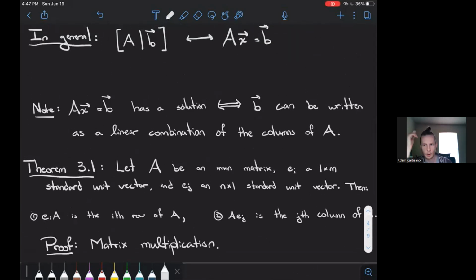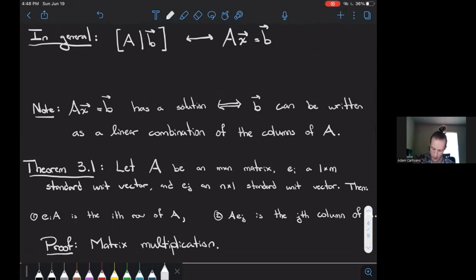And now, this is not quite on the topic of matrix equations, but I do want to point out there's a way to extract any given row or any given column of a matrix. So let A be an m by n matrix.